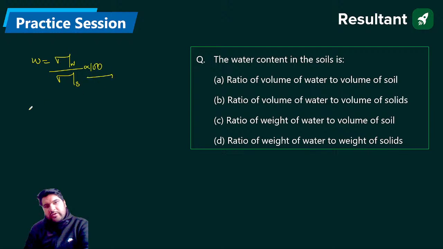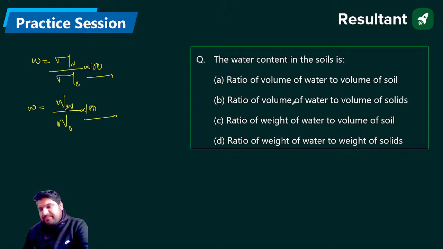Or it is simply weight of the water upon weight of the solid multiplied by 100. The options: the water content is the ratio of volume of the water to the volume of the soil; the ratio of weight of the water to the volume of the soil; the ratio of weight of the water to the weight of the solid is absolutely correct. D is the answer.